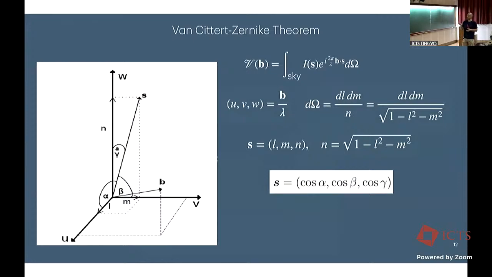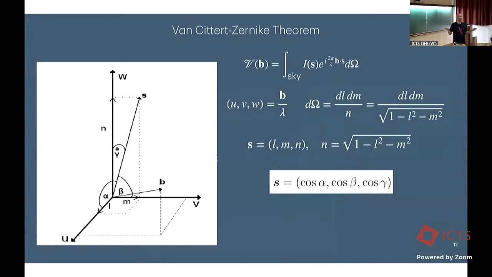And then this whole vector s towards the source is (l, m, n), and n is nothing else than the square root of 1 minus l squared minus m squared. The UVW coordinates are the baseline vectors in units of wavelength, units of lambda. Now, our integration d omega: you just do the replacement of variables, and you come up with d omega as dl dm over n, which is this particular factor here.